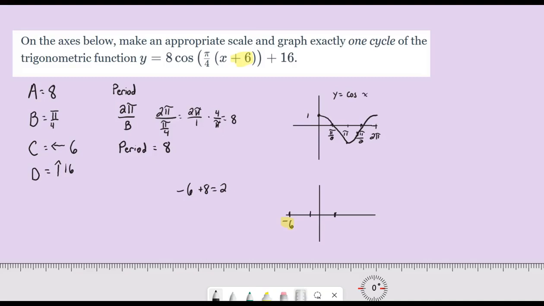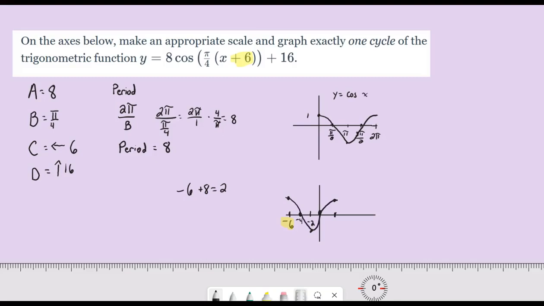Right in the middle of those is going to be negative 2. The middle of these will be negative 4. And then here will be 0. So it's going to be the maximum here, come down to the minimum here, come back down to the midline, and then maximum again.